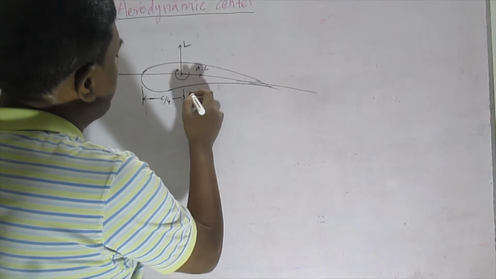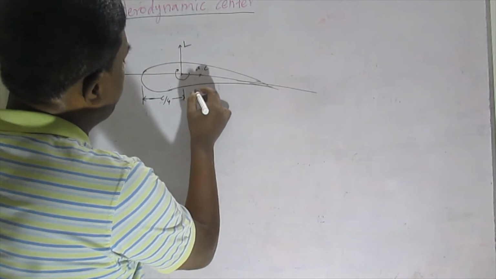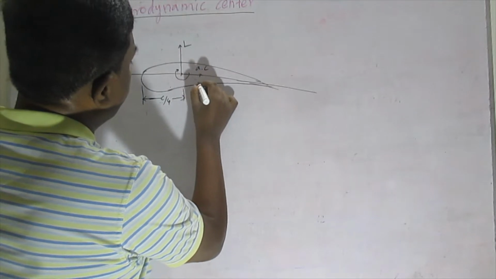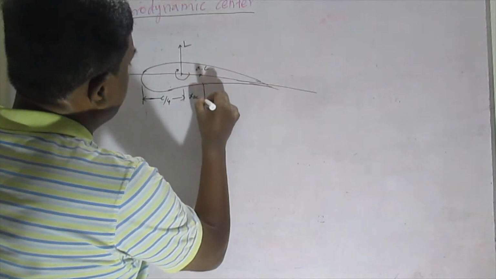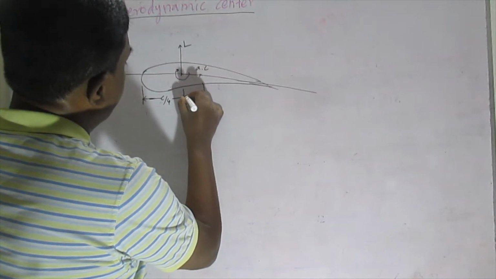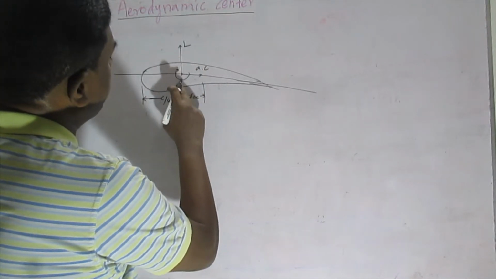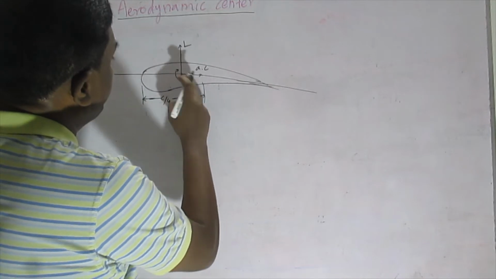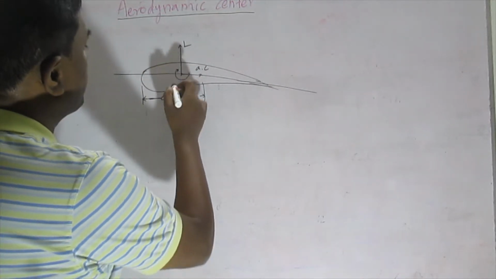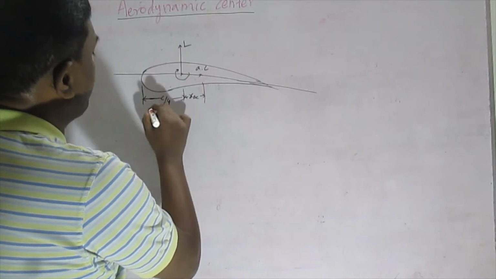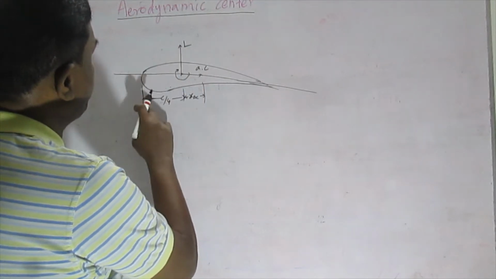With respect to this point, the distance is XAC. So XAC is the distance behind the quarter chord point, because this point is nothing but the quarter chord point. That is what we call C/4.